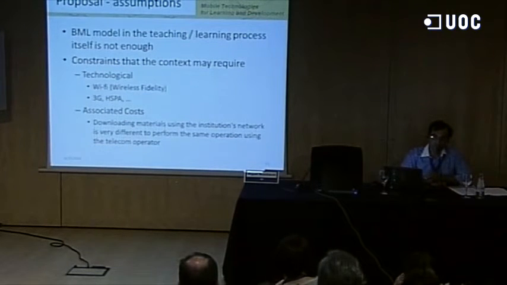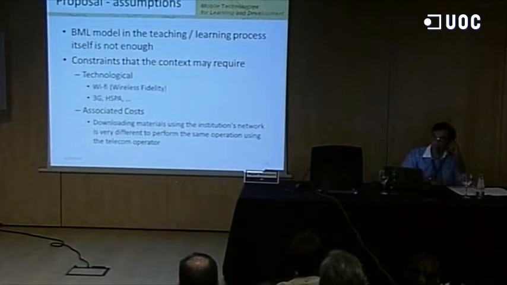So we can implement the model, and students don't have to pay anything, only buy, of course, the mobile devices, but not have any costs with telecommunications. As I said, downloading material using this network is very different to performing the same operation using a telecom operator.